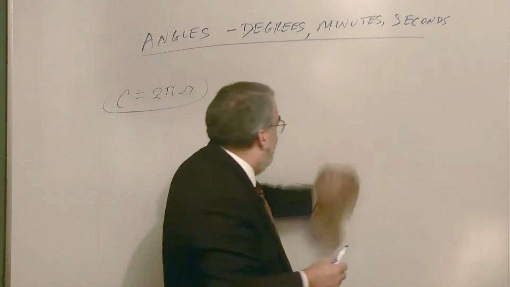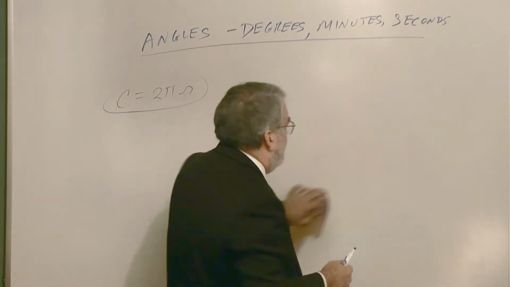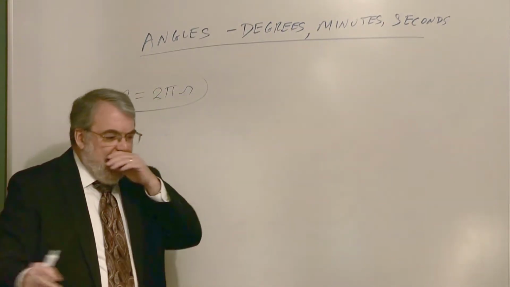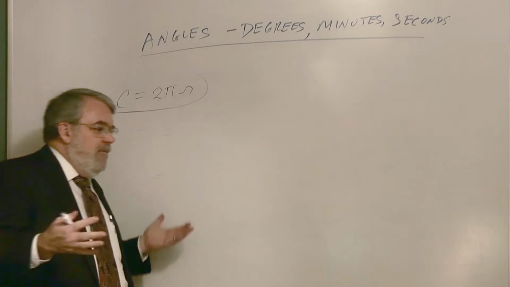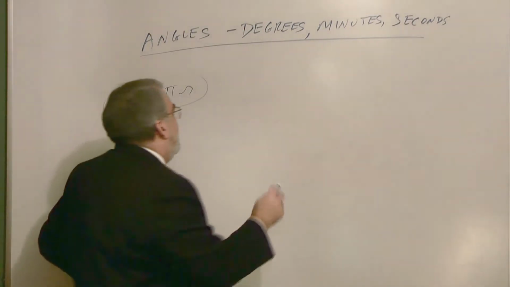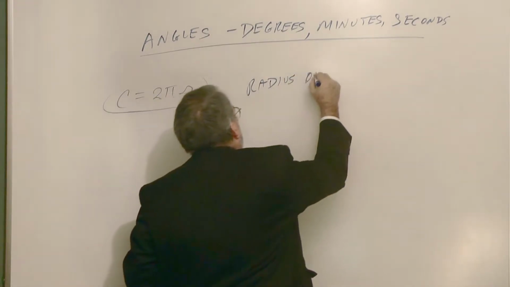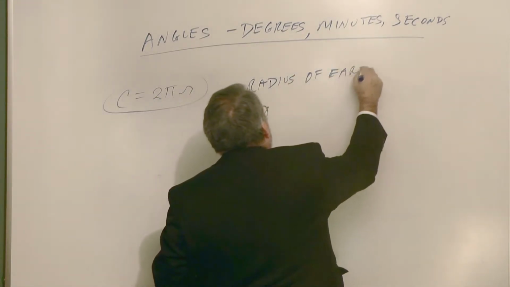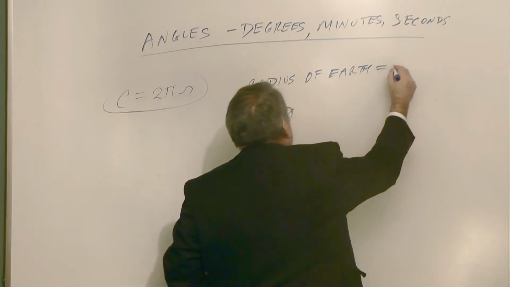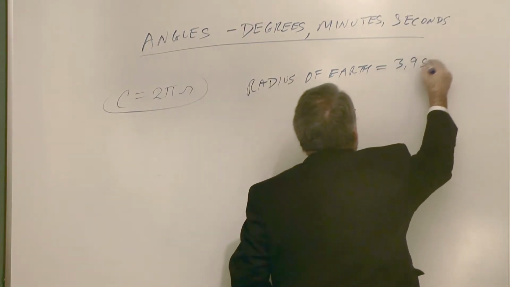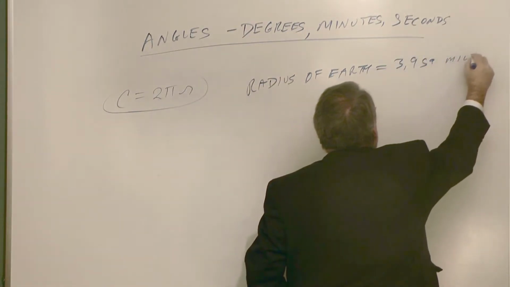Eratosthenes estimated 25,000 miles. It's actually a bit different from that. The measurement I like to use, the radius of the Earth is, keep you in suspense here, it's about 3,959 miles.